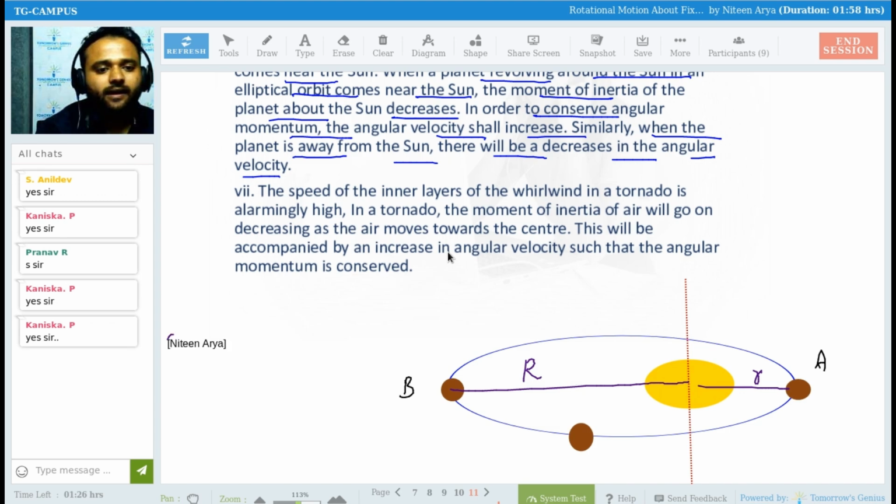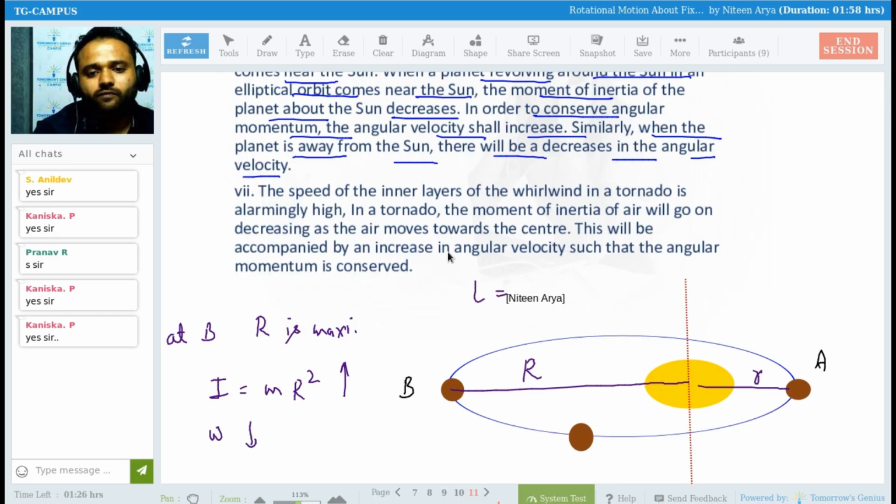So automatically at B, R is maximum. And when R is maximum, I, which is M R square, is maximum. So omega is minimum. Why so? L, which is I omega, is constant here as well.